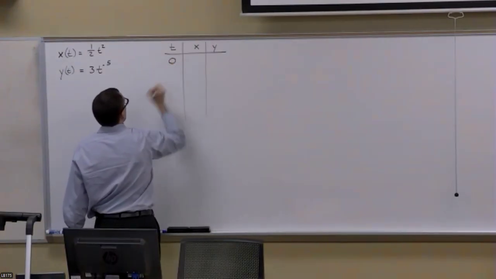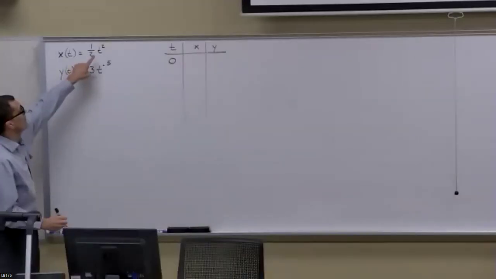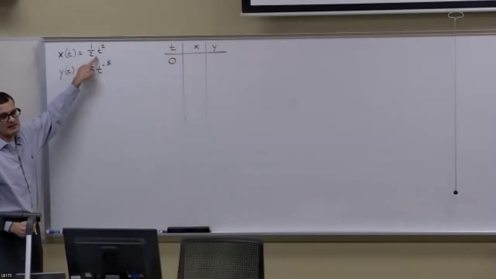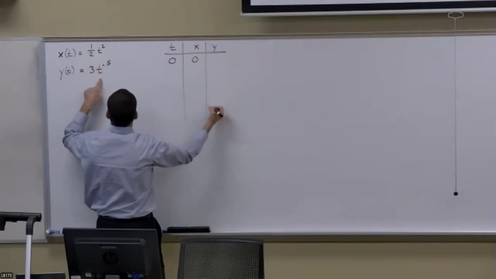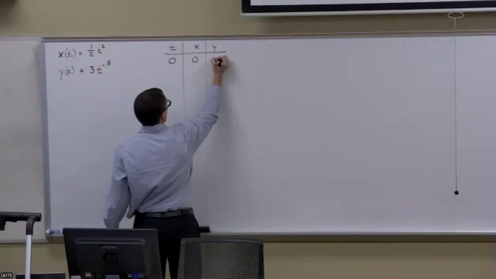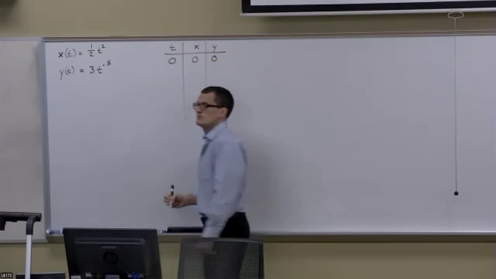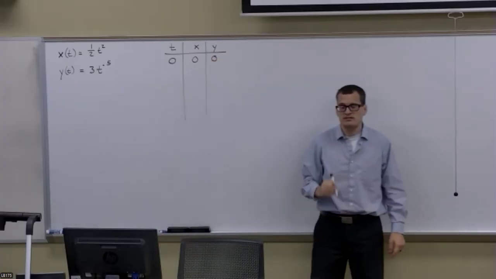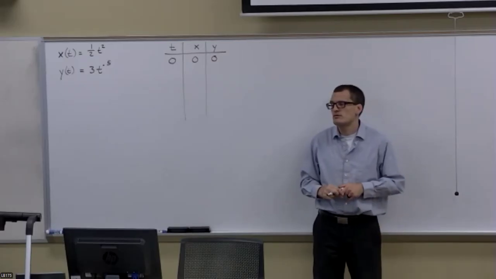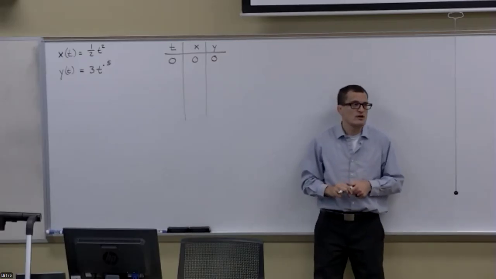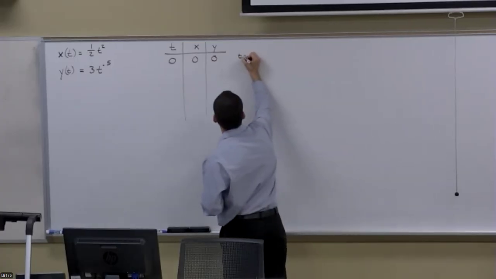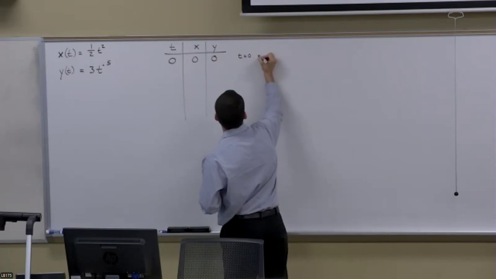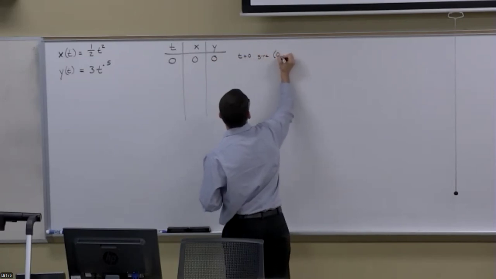If I plug in a t of 0, well, t of 0, I'll get 1/2 times 0 squared for my x value. So my x value will be 0. My y value will be 3 times 0 raised to the 0.5 power, excuse me. So that would be also 0. So what we're saying there is that t equals 0 gives the point 0, 0.